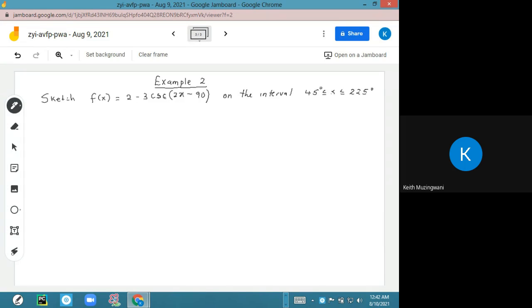So I want to sketch this function. Our solution.